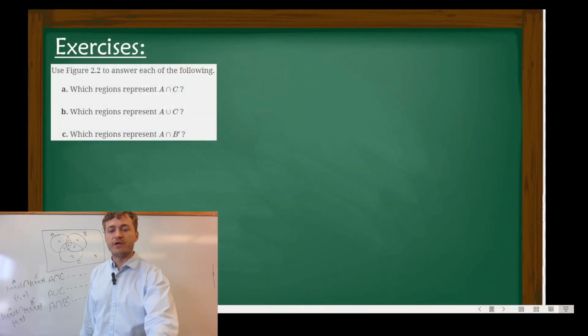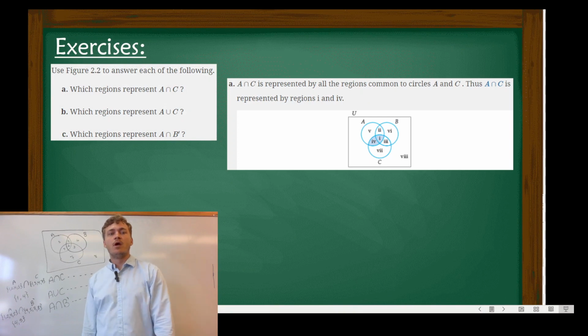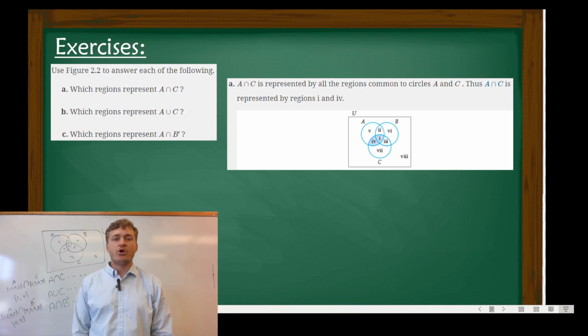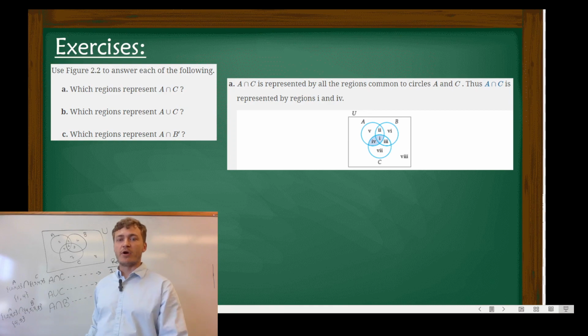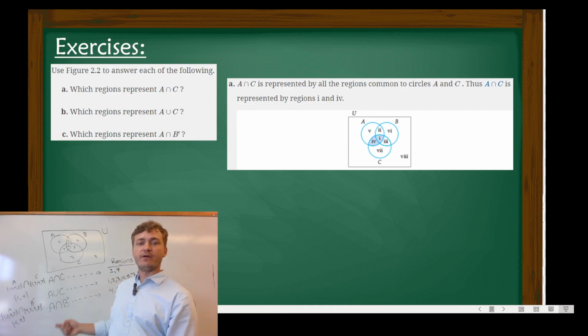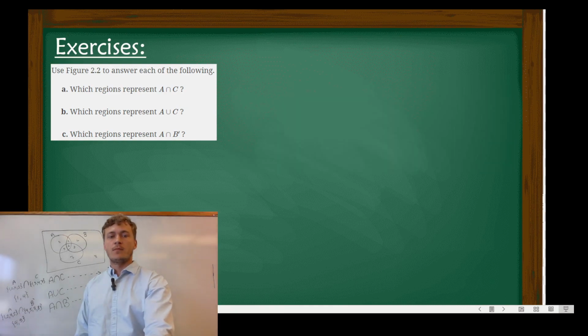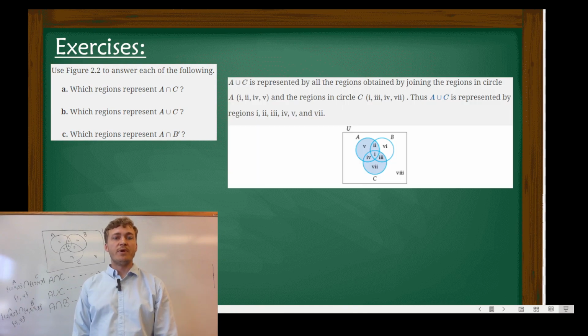We'll go to the slide to show each of our shadings. We see here for part A, we have 1 and 4, as we found. For part B, A union C, we're shading everything that's in A, we're shading everything that's in C. So everything except for 6 and 8.